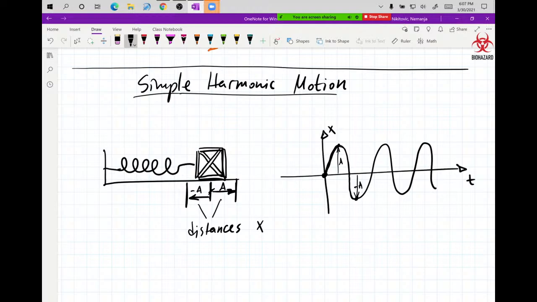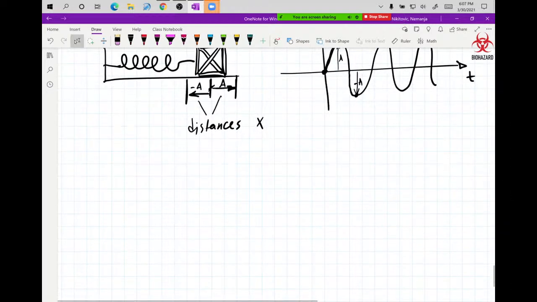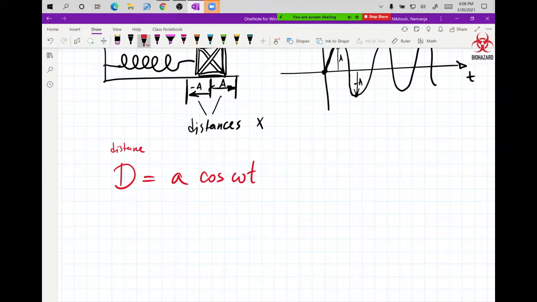So now the question is, what are the equations that are involved in all of this mess? Well, first of all, we are going to define the distance. That's the distance. So distance is going to be given as A cosine omega t. Again, that's something that you learn in physics. Now, you could have the sine variant as well, but we tend to like cosine better.